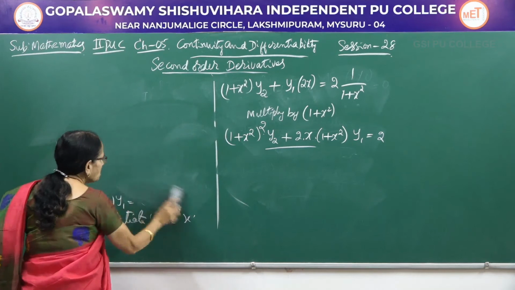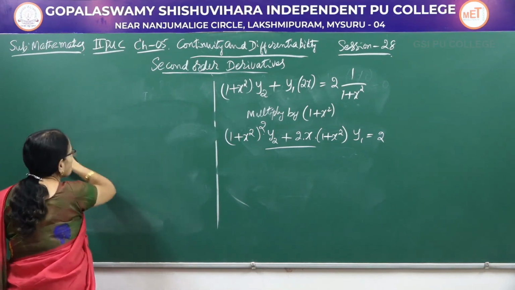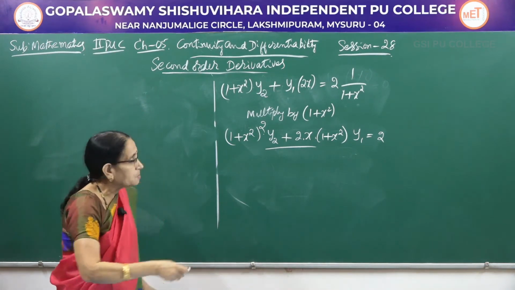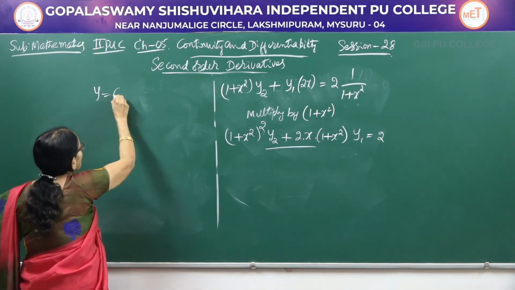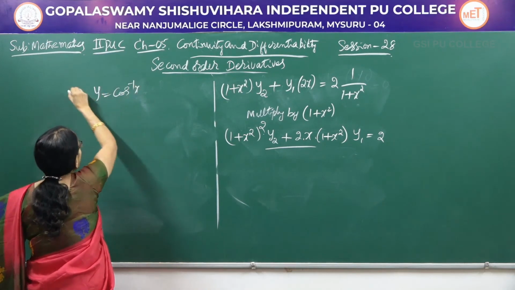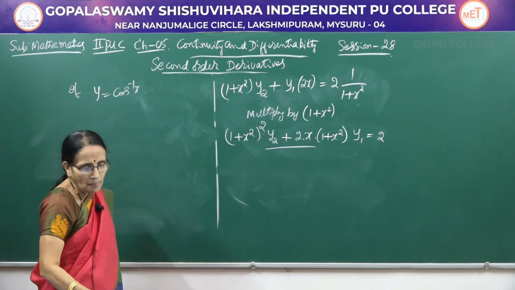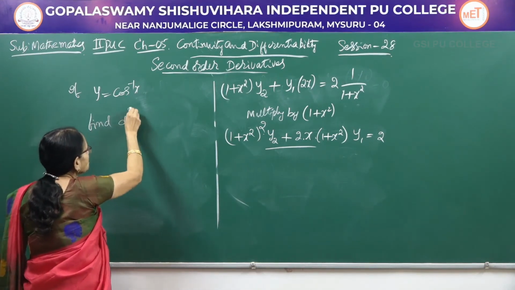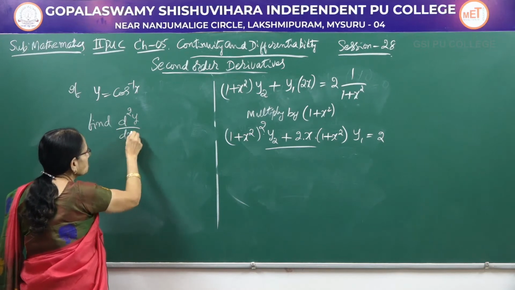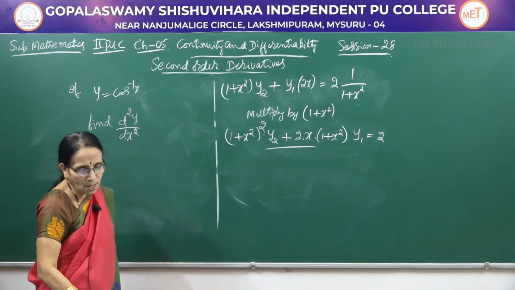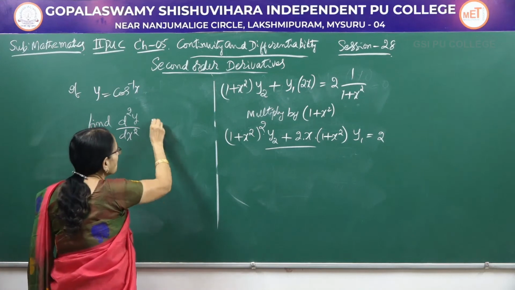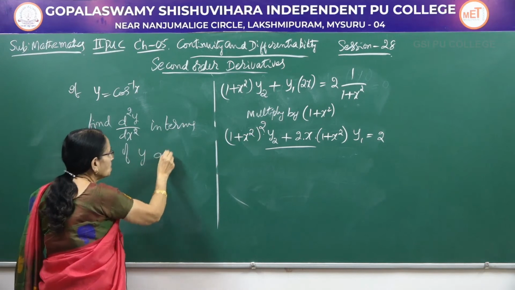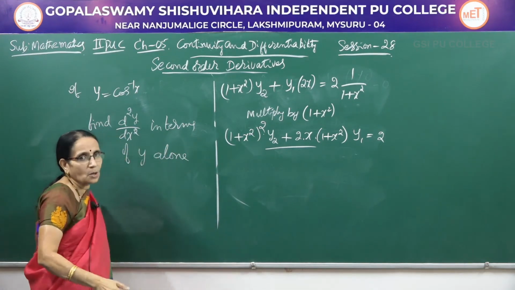Now, another problem, again an inverse trigonometric function, but the answer is expected in a different way. If y is equal to cos inverse x, find d square y by dx square in terms of y alone.